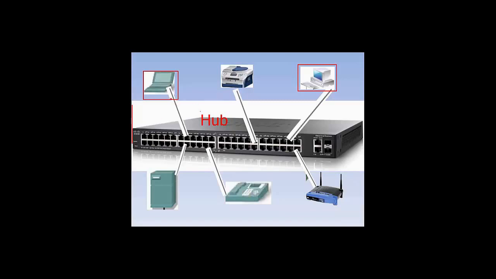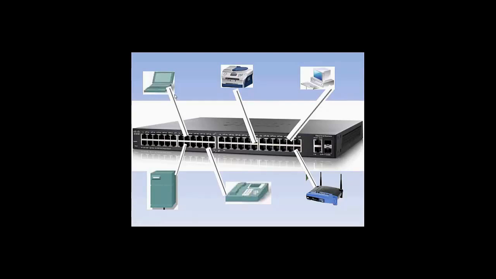If I want to send data to this machine, rather than sending specifically to it, in the broadcast communication it will send to all the devices, this device also, this device also, and all other devices in the network. That is the broadcast communication. But switch does the unicast communication.